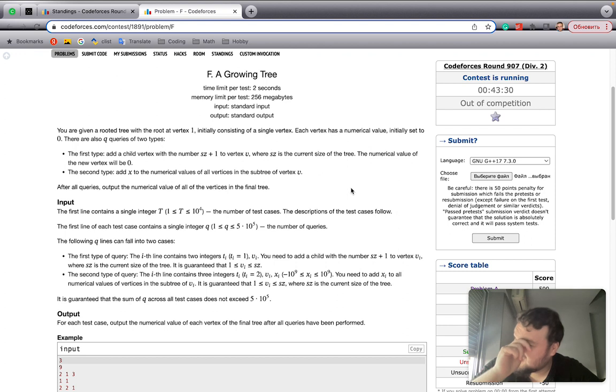I don't think that there is anything much easier. Is it solvable online? Probably. With link-cut trees, it's surely solvable online.